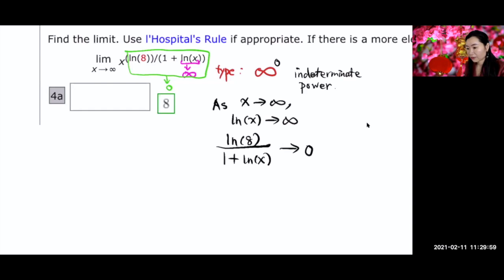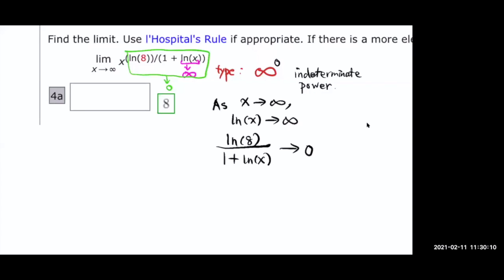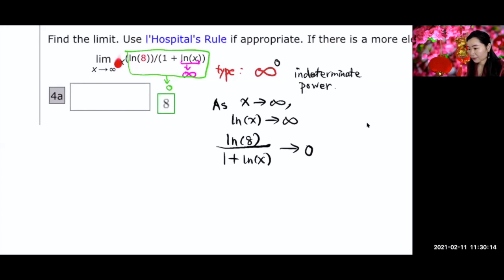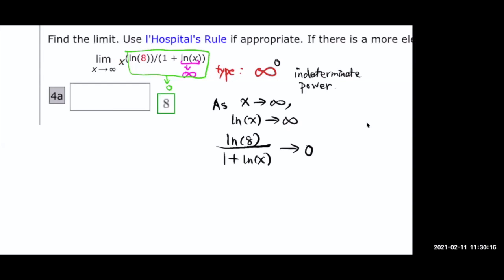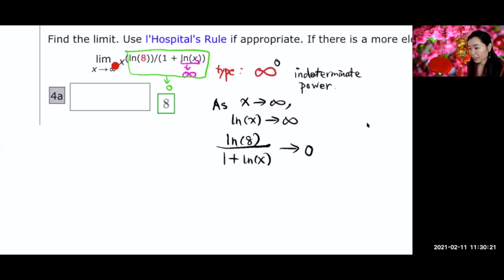So what should we do over here? Now remember in the lesson we talked about when we deal with indeterminate power, what's the strategy? We bring the power down, right? You take ln of this function, right? So we let this whole thing that you take the limit of be y.